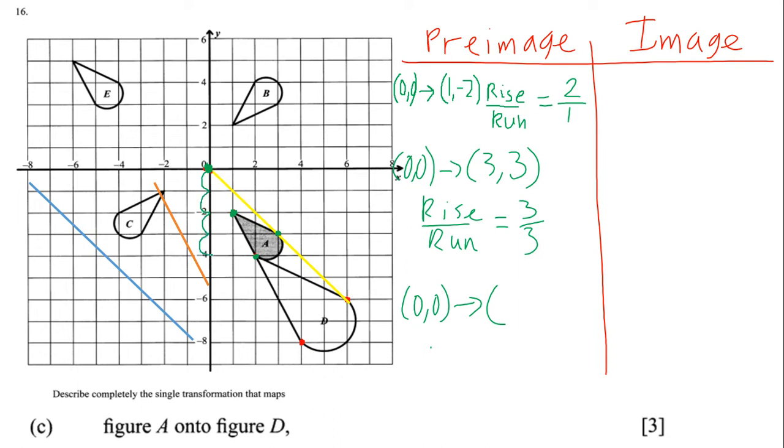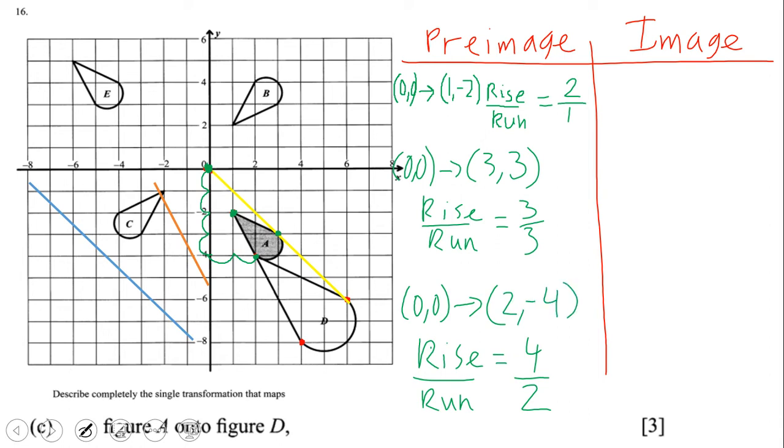So the rise is going to be 4. And the run is going to be 1, 2. And what's that point? That point is 2 and -4. Okay, good. So that's the pre-image.